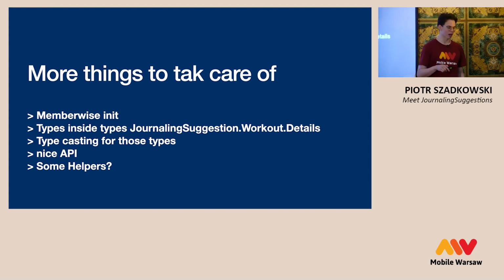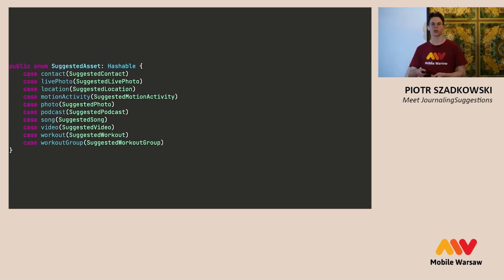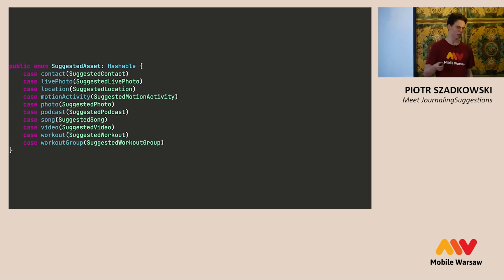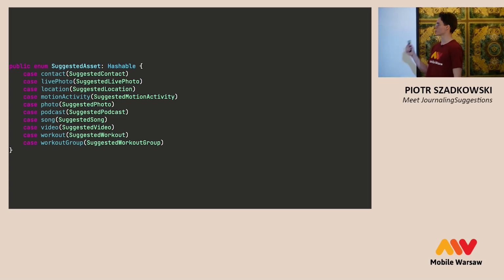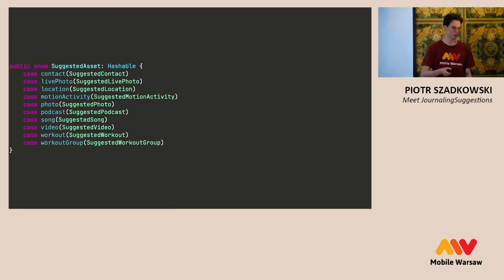So for example, I previously mentioned that I need to check what is inside the suggestion, so I'll generate myself a type which will later give me a nicer way of taking care of those assets. So instead of typecasting each time, I'll just typecast once to an abstraction enum, suggested asset, with all the possible models, and then it will be easier for me to work with it.